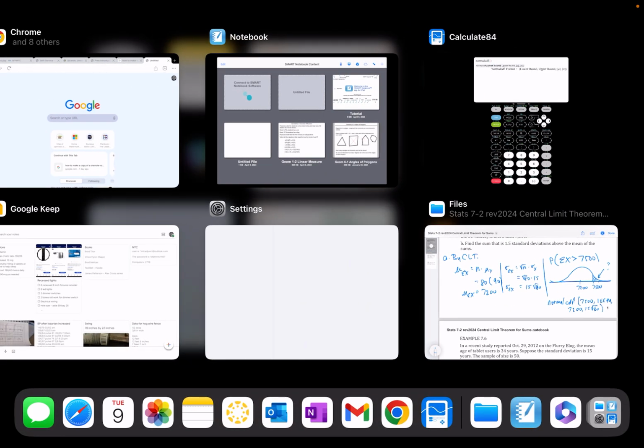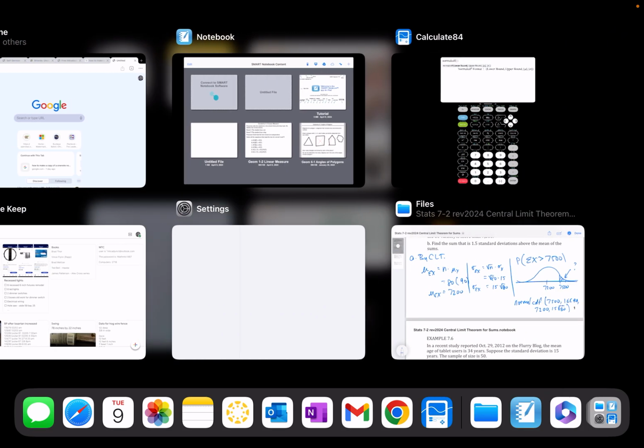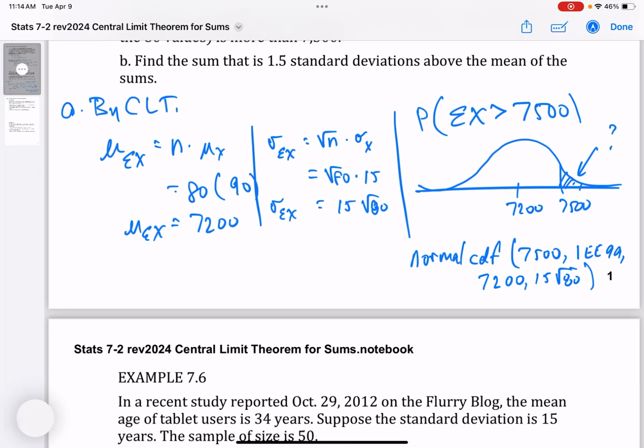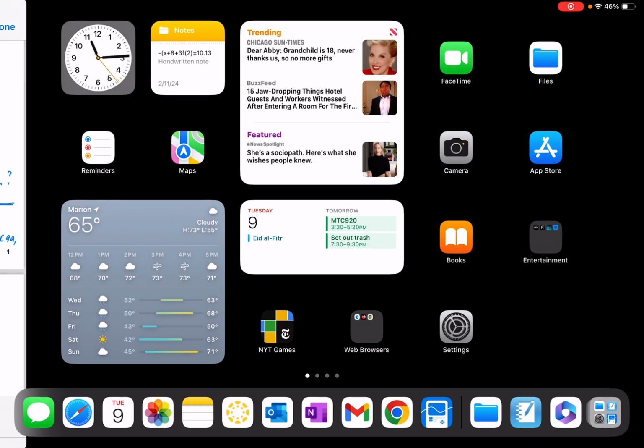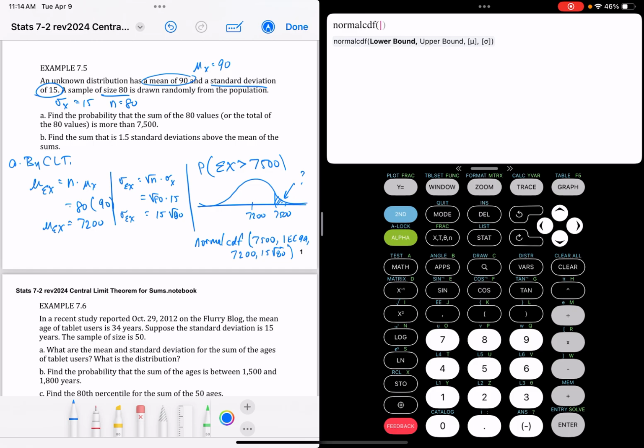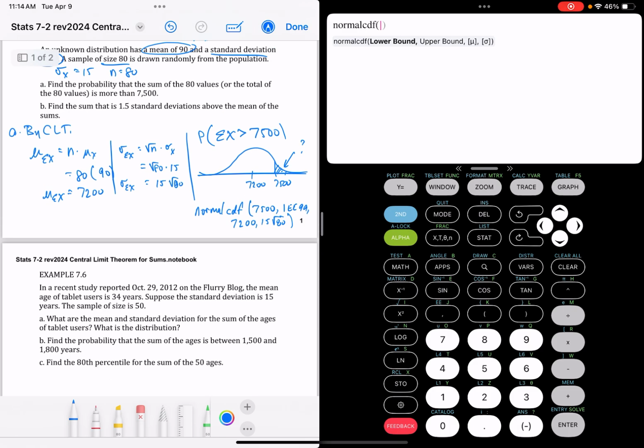Let's find that again. Here it is, this is the one I want. Technology is really nice at times when you're a little more familiar with it. I'm not as familiar with this software recording from home, but we'll make the best of it. So this is 7,500 lower bound. Then we have 1E99.